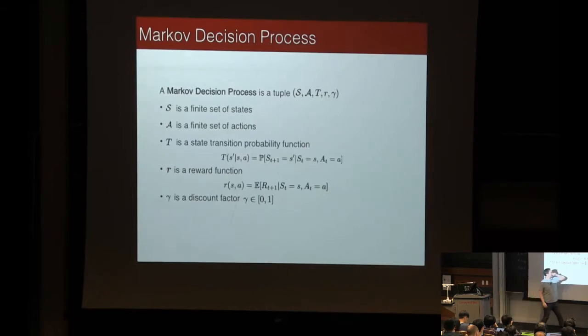And gamma here is the discount factor. We'll see later, the discount factor is typically saying that immediate rewards are more important than further, long-term rewards. So something that's immediate is more important to me than something that's going to happen later in my episode.